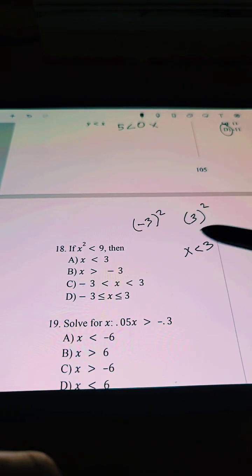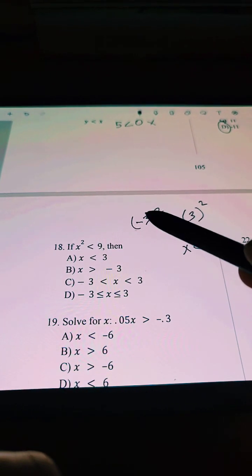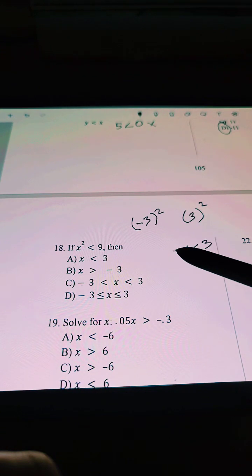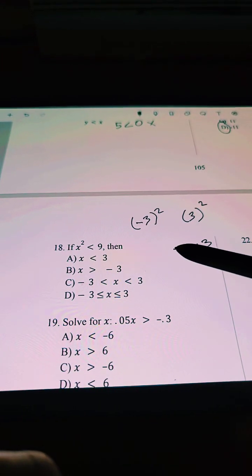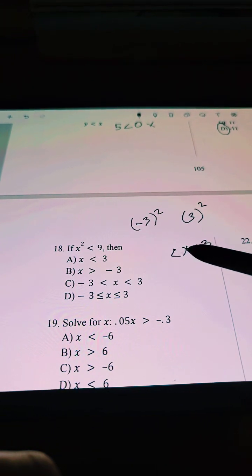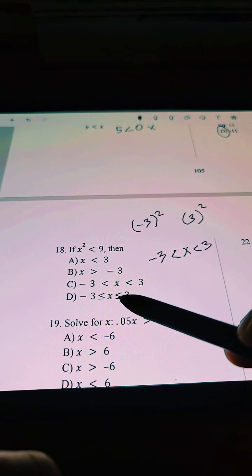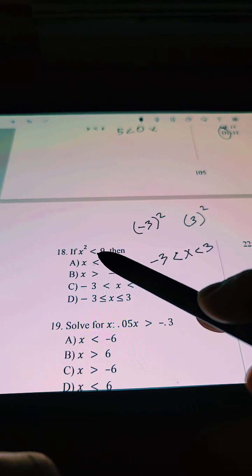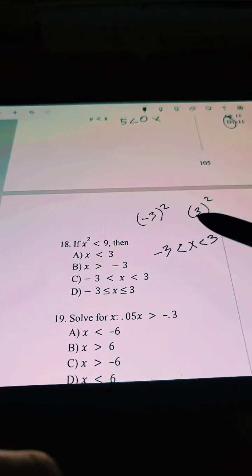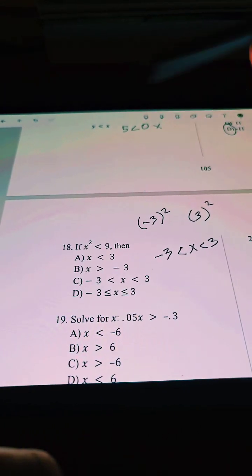And then you have to think, okay, I also need to include a negative value, the -3 option. So in order for x squared to be less than 9, that means that x has to be greater than -3. It can't be the one with the little line where it's also equal to, because it doesn't say less than or equal to. It's just saying less than, not equal to it. So then that would just be C.